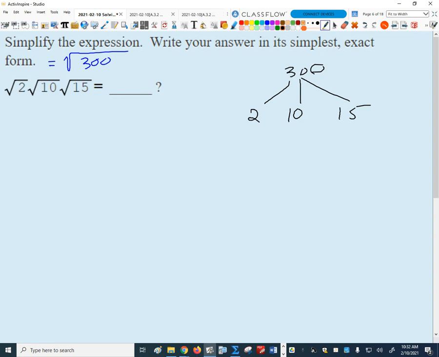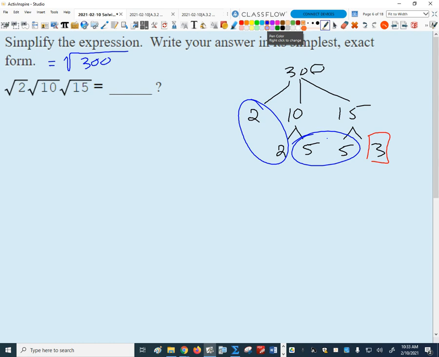The 2 is already prime. The 10 breaks up into a 2 and a 5. And the 15 breaks up into a 5 and a 3. So look what I get. I get a couple of 2s, a couple of 5s, and a single 3. So outside I get 2 times 5, inside I get a 3.